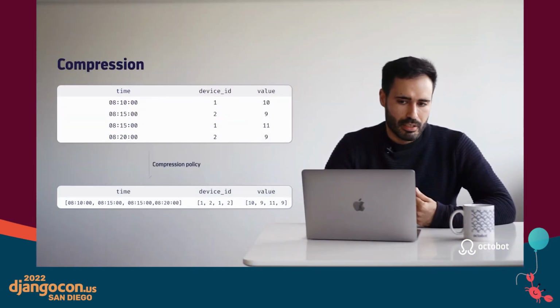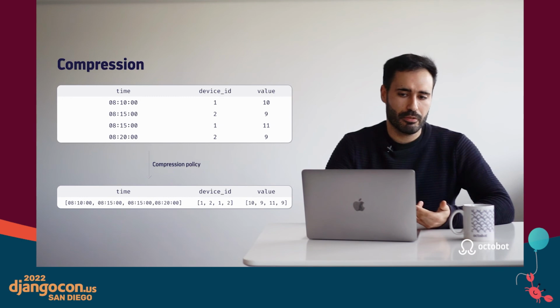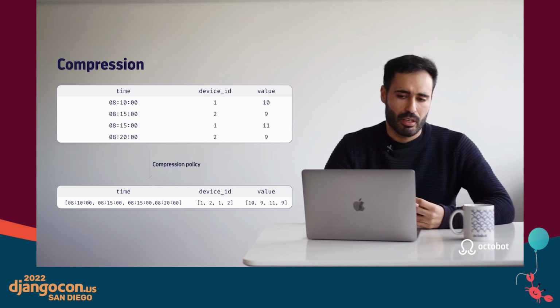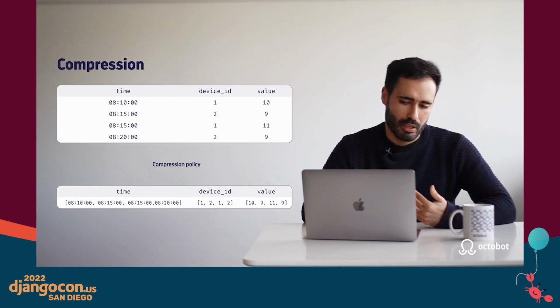And then finally, but not less important, actually one of the most important concepts in Timescale, is the concept of compression, which is related to data lifecycle management. Timescale offers the possibility of compressing our data. Let's say we have this hypertable with these columns.